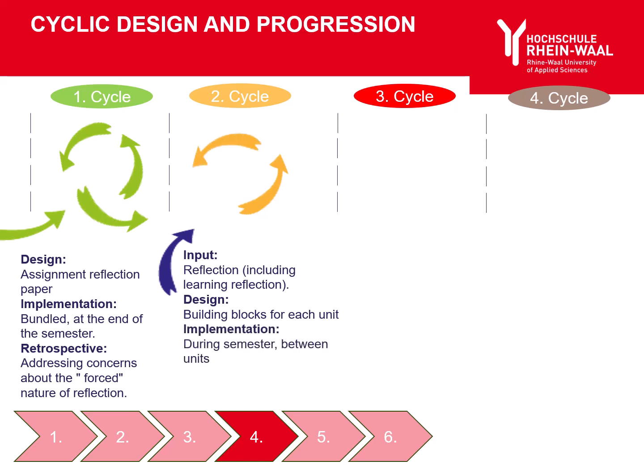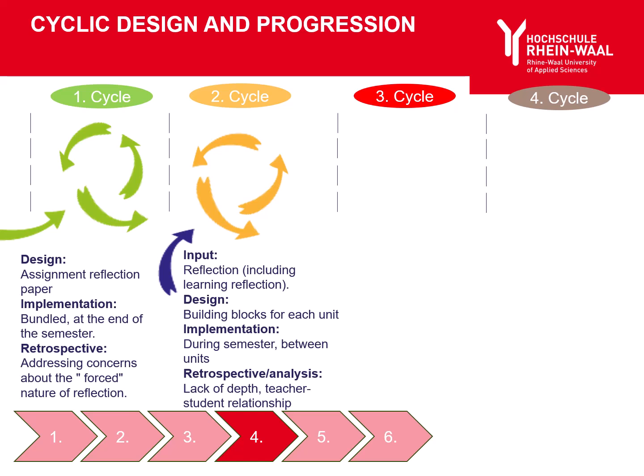The implementation then took place semester accompanying between the synchronous dates. In the subsequent retrospective and the detailed analysis of the first 2 cycles, it became clear that the perceived depth of reflection was worse in the second cycle. More on this in the theoretical derivations in a moment.